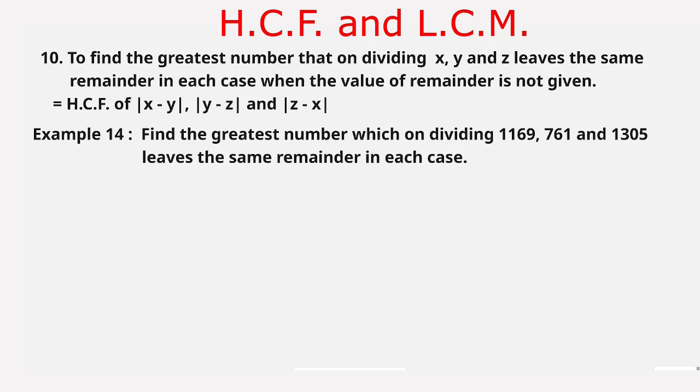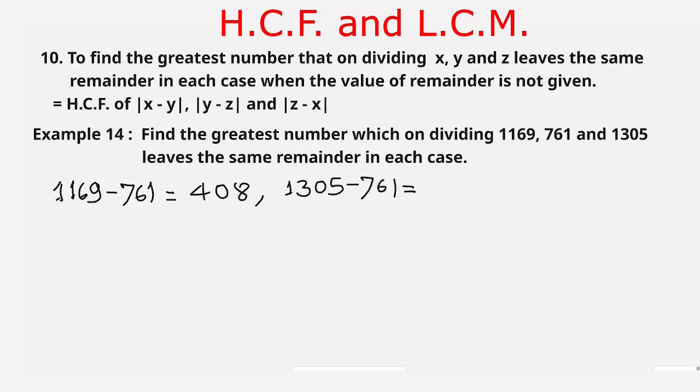We will subtract 761 from 1169. This is equal to 408. Now we subtract 761 from 1305. This value is equal to 544.